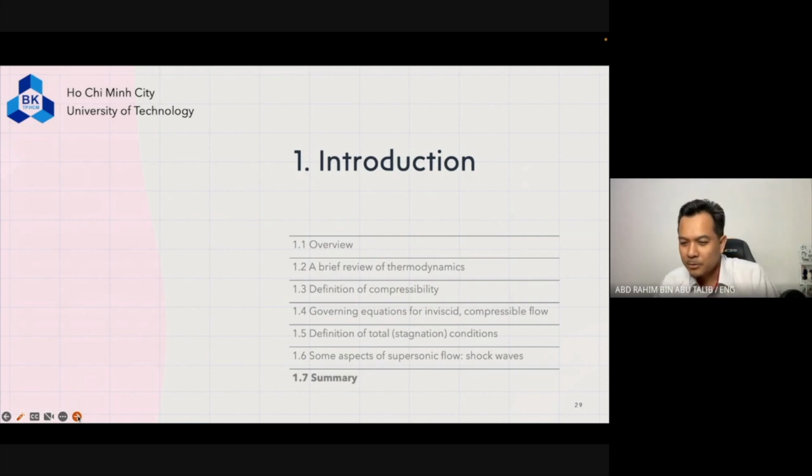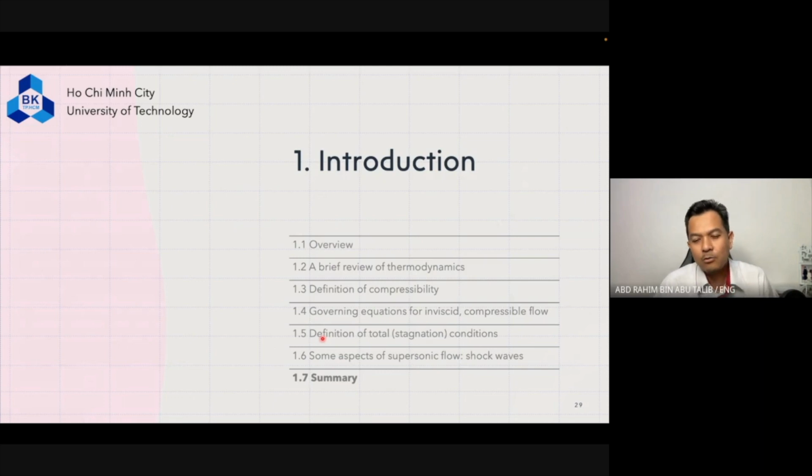Okay, so that leads us to the summary. We have already gone through, from last week, an overview, a brief review of thermodynamics, the definition of compressibility, and the governing equations of inviscid compressible flow.